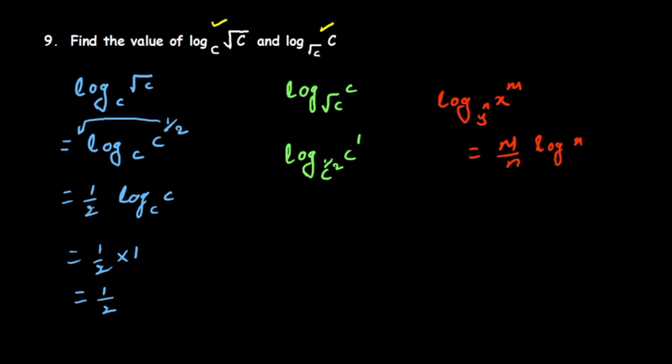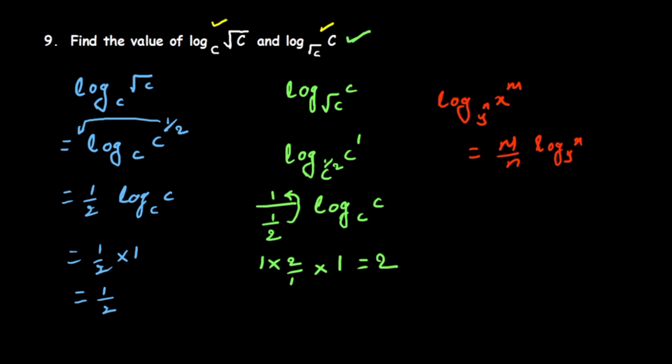So using this formula, what do I get now? 1 divided by 1 by 2, right? 1 divided by 1 by 2 log c base c. Now you get its reciprocal here, means we multiply 1 into 2 by 1, right? Into log c base c is 1. The final answer now, 1 into 2, 2 1s are 2. The final answer is 2. So this is the answer for the second question. This answer is 2 and this answer is 1 by 2. So it's a very important model, and don't get confused, both are different answers.